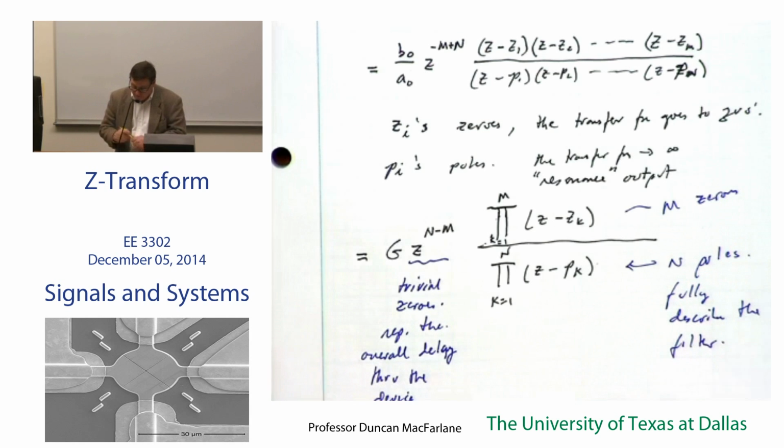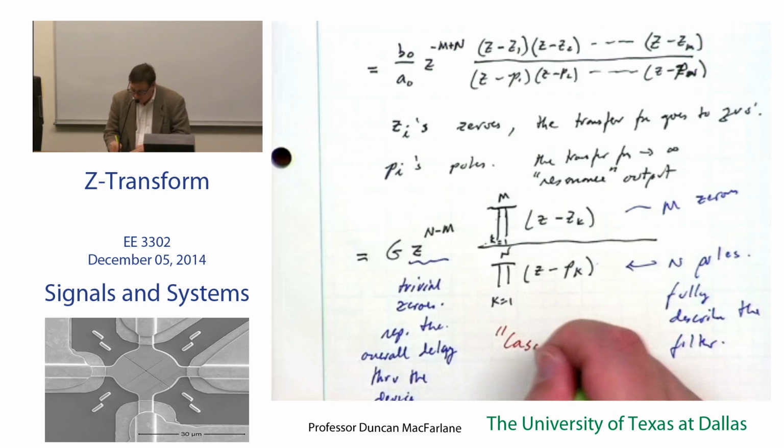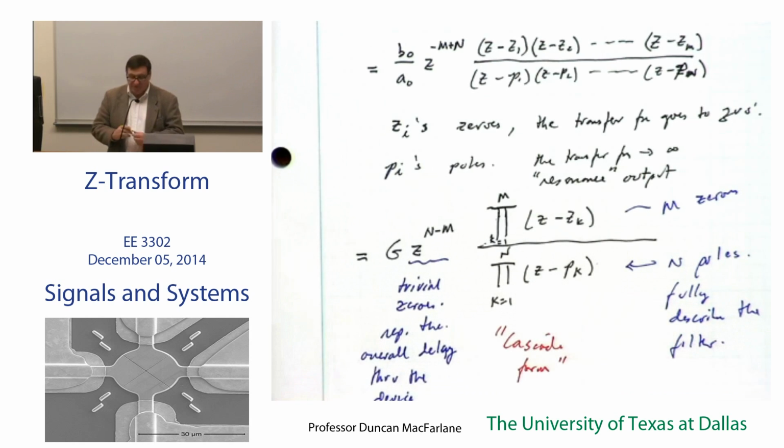And this is called a cascade form, or a cascade realization.